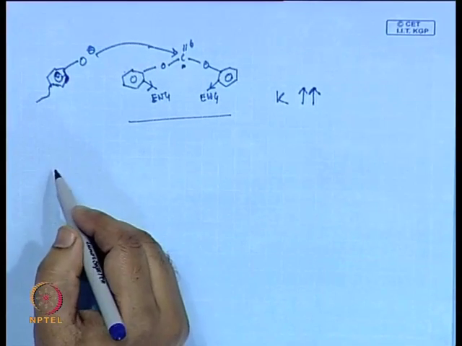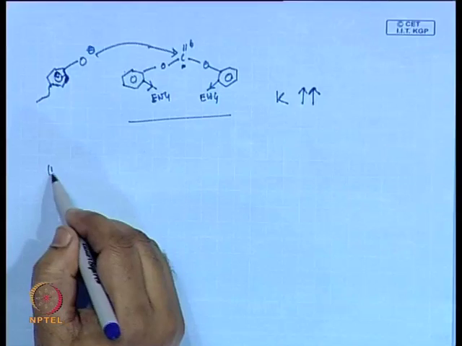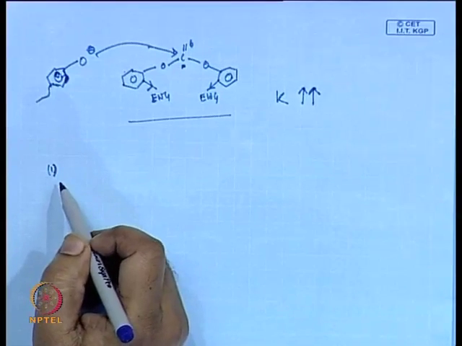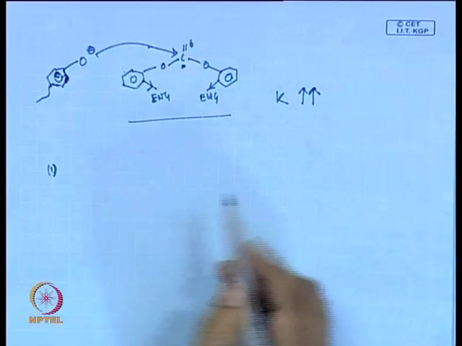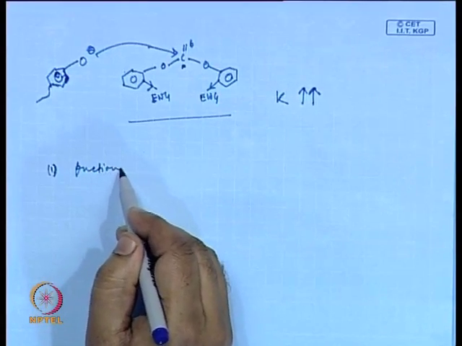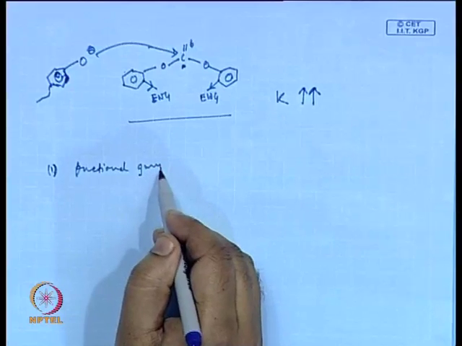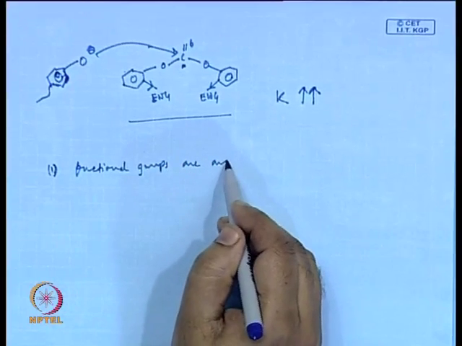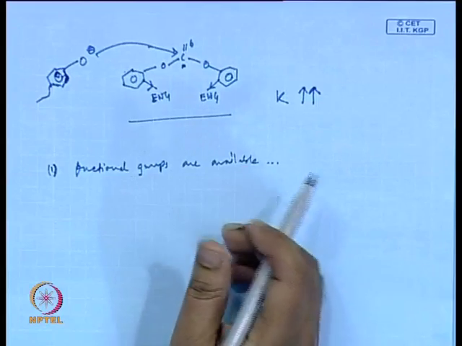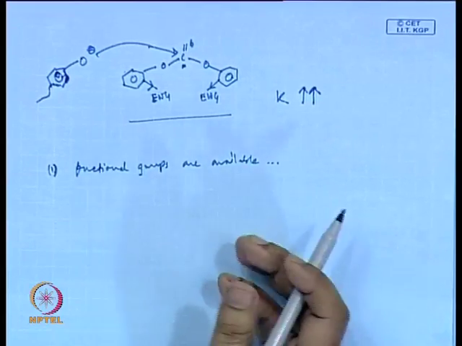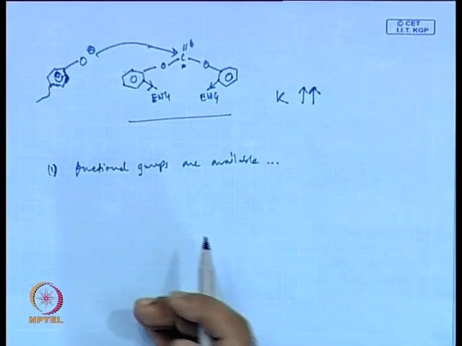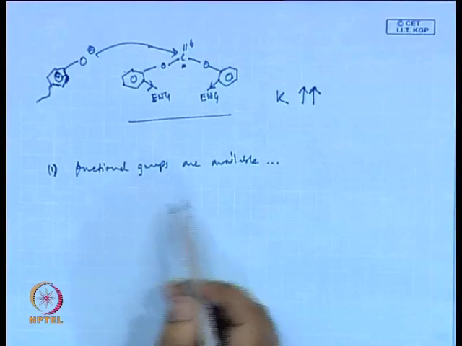Now, one thing you have to also remember is that to build high molecular weight, you have to make sure of some other conditions. For example, you have to make sure that the functional groups are available during the entire reaction. In some exceptional cases, when you build a molecular weight, after some size it might precipitate from the solution or from the melt of the reaction.